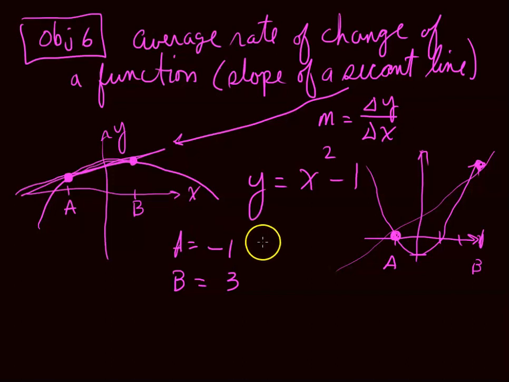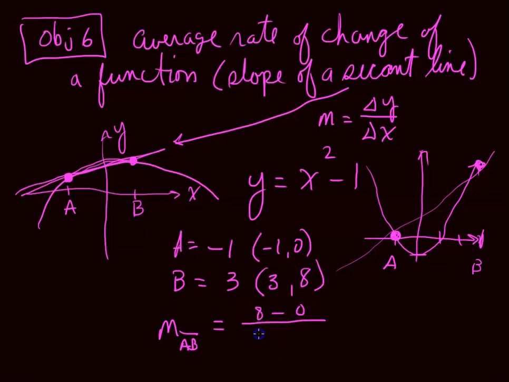So, at A, what are the coordinates of the point? Oh, that's negative 1, 0. At B, what are the coordinates of the point? Well, you plug in 3, you get 9 minus 1, or 8. What is the slope of that AB secant line? Well, that's y2, 8, minus y1, 0, over x2, 3, minus x1, negative 1, or 8 over 4, or 2.